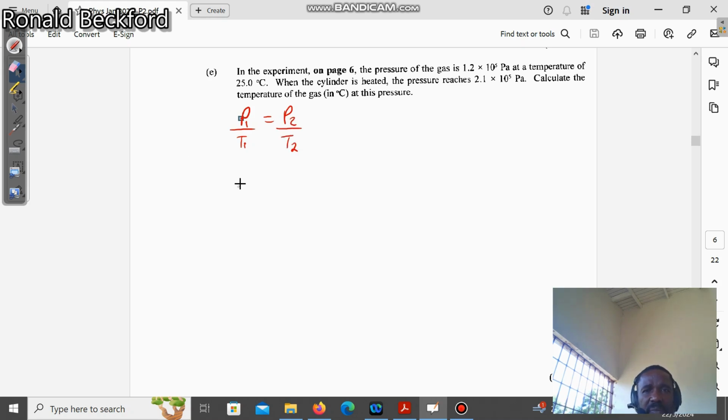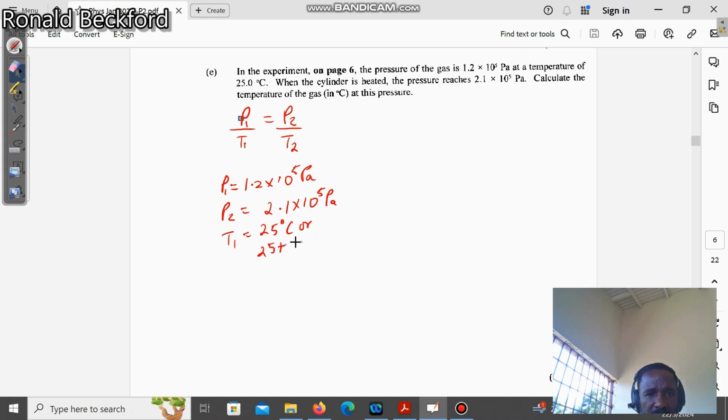Let's identify the values. P1 is equal to 1.2 times 10 to the 5 pascals. P2 is equal to 2.1 times 10 to the 5 pascals. T1 is equal to 25 degrees Celsius, or 25 plus 273, which is 298 Kelvin. T2 is the unknown because that's what we are asked to find.